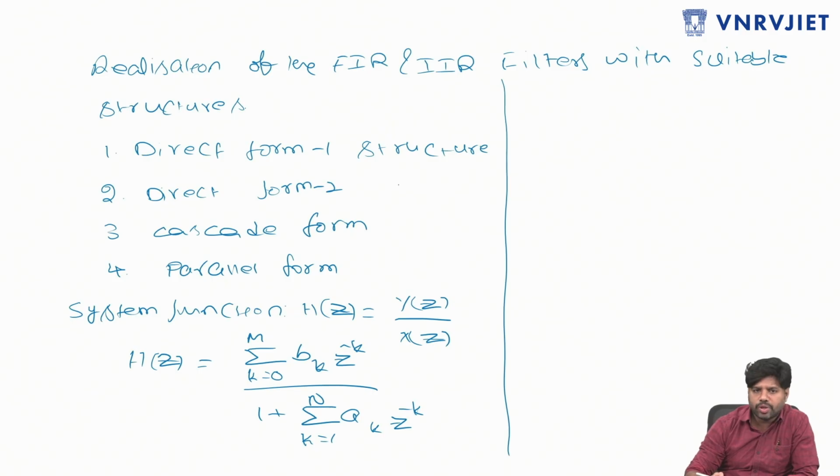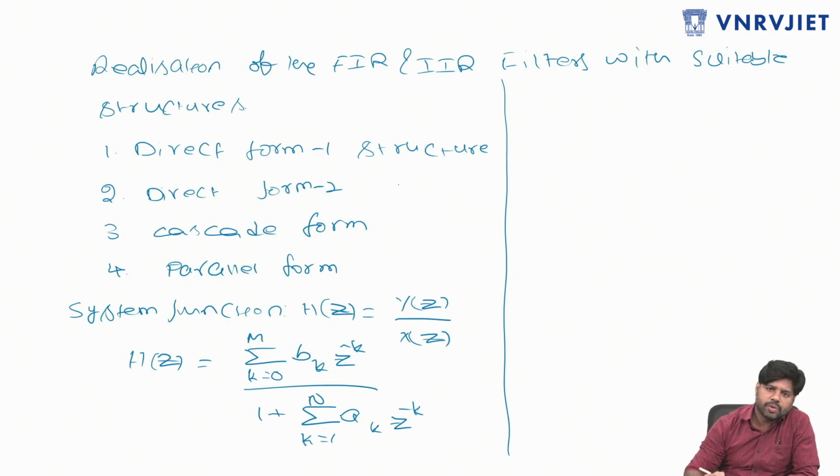And one more possible form can be implemented by using a sum of partial sub transfer functions. So based on the representation you write, it forms the different structure: form 1, form 2, cascade, or parallel form.